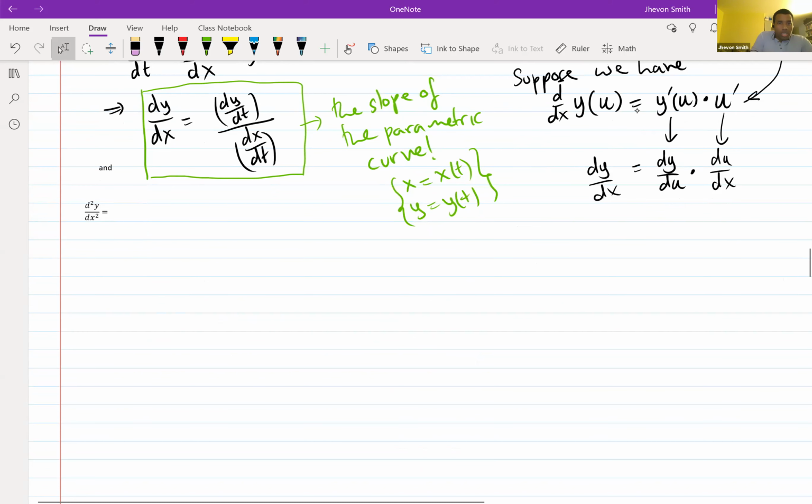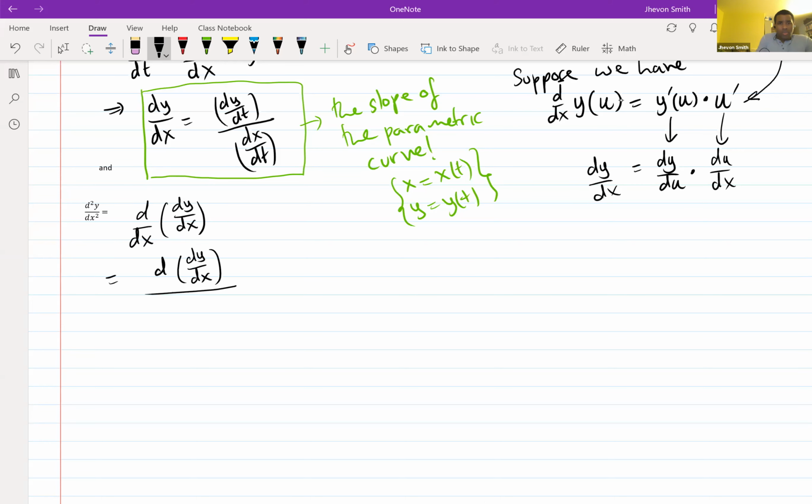Basically, using the Leibniz notation, just know that we can think of the second derivative as the derivative of the first derivative. In other words, I can think of that as this guy over dx, right?